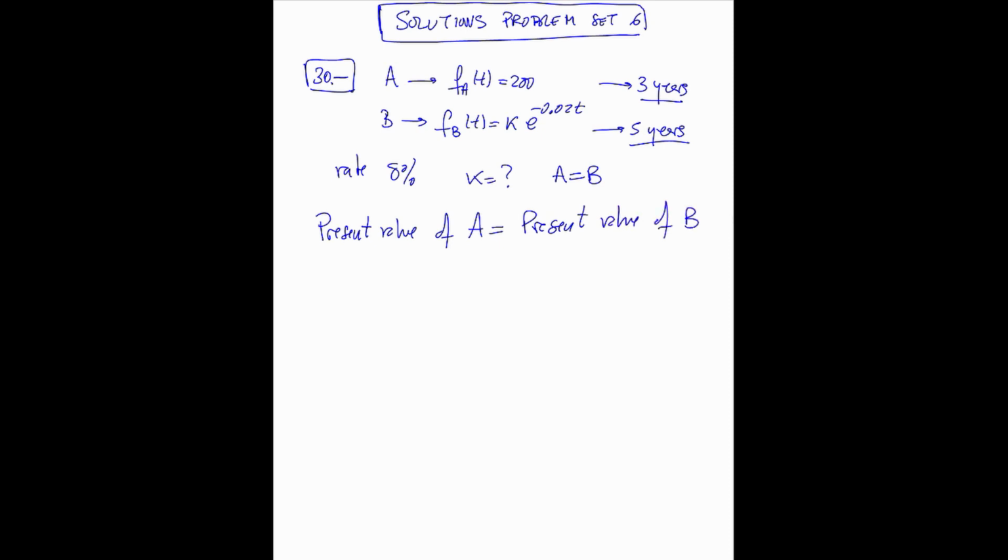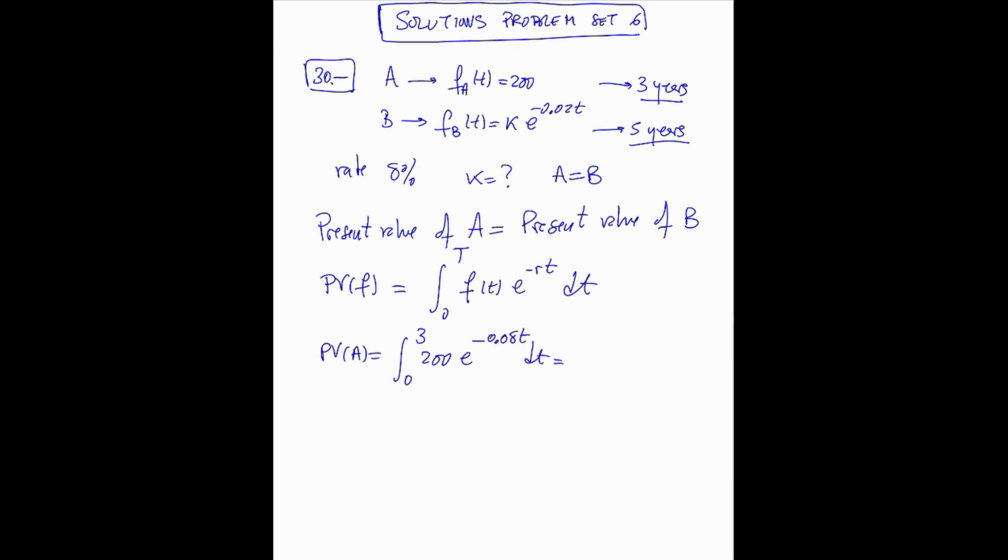We know the present value of an income stream f is equal to the integral between 0 and the time of the stream of f times e to the minus rt dt, where r is the interest rate. So in our case, for A, the present value of the first one is the integral from 0 to 3 of 200 e to the minus 0.08t dt.